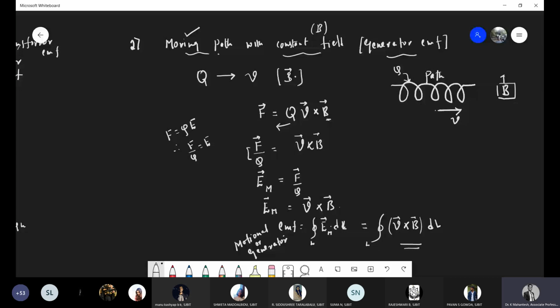So here the flux will cut the charge points. These charge quantities will be moving on this conductor due to the flux which cuts this particular closed path while moving inside and out of this constant magnetic field.